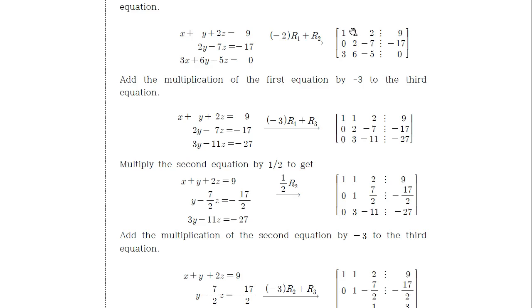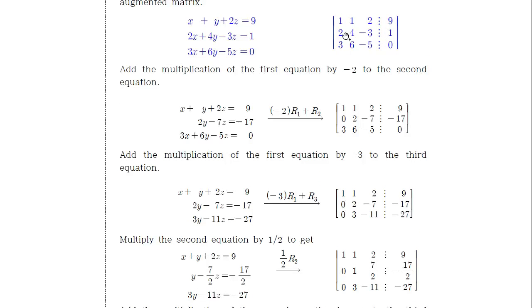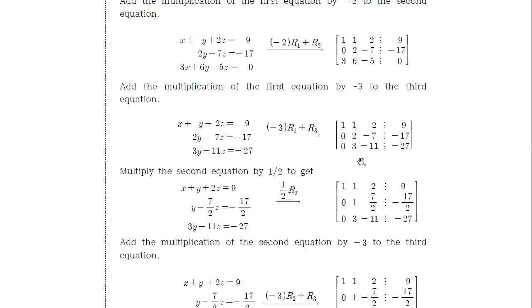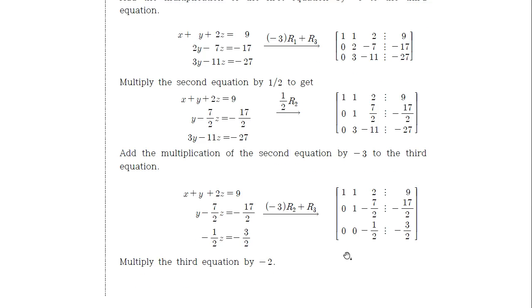You multiplied -2 on the first row to eliminate this 2, like this. And you multiplied -3 on the first row to eliminate 3, like this, isn't it? And then you divide the second row by 2, to have this, and then you multiplied -3 on the second row and added that row to the third row like this, to eliminate the 3.